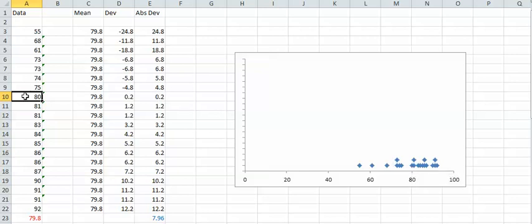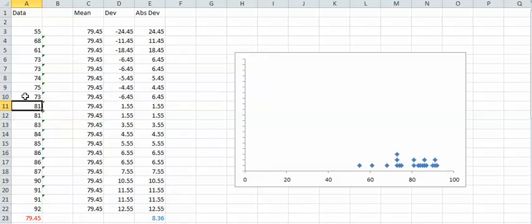But if we change it to 73, that value is now further away from the mean. It's now 6.45 away. And since this value moved further away from the mean, its absolute deviation went up, and that caused the mean of the absolute deviations to go up. So now our MAD has increased.